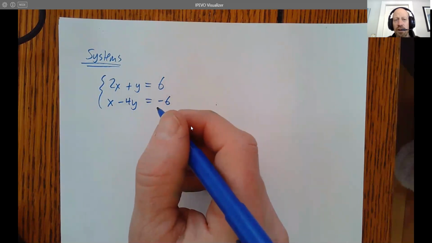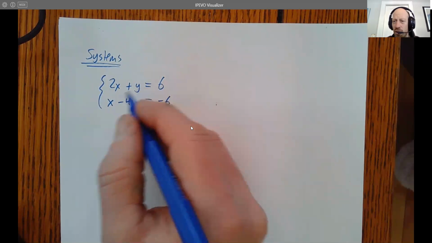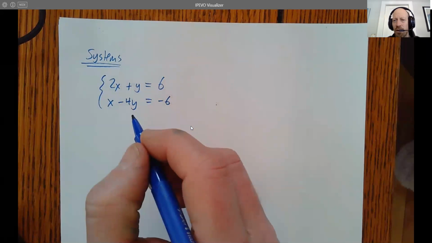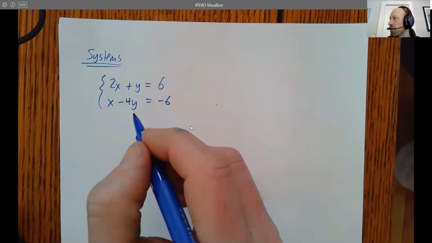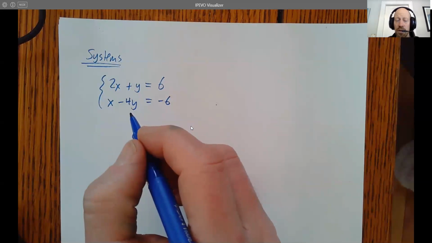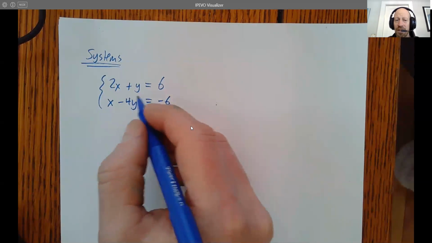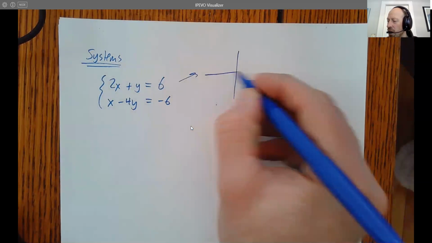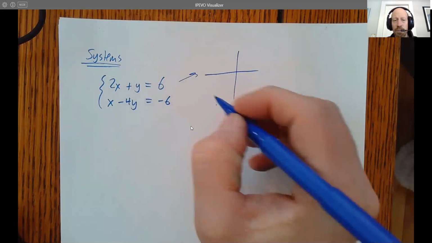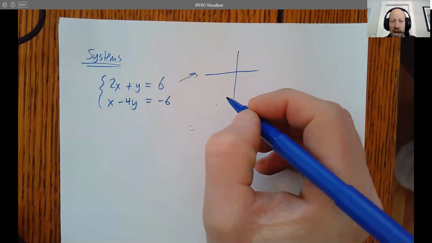And we're focused here on linear systems, so our equations have no x squares or x cubes. If you take college algebra, you'll see some nonlinear systems. But for right now, we can focus on linear systems, and these are even extra nice because you know that these are lines.